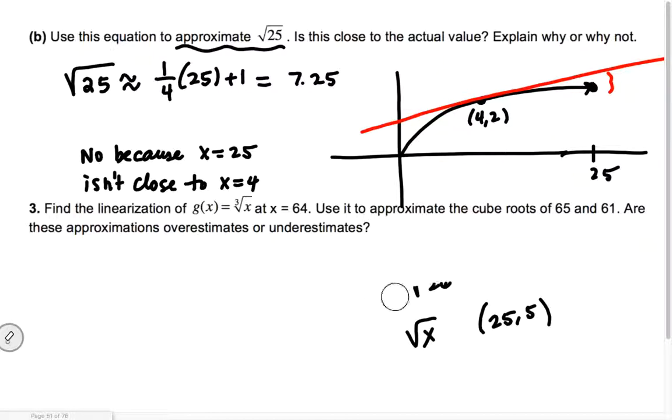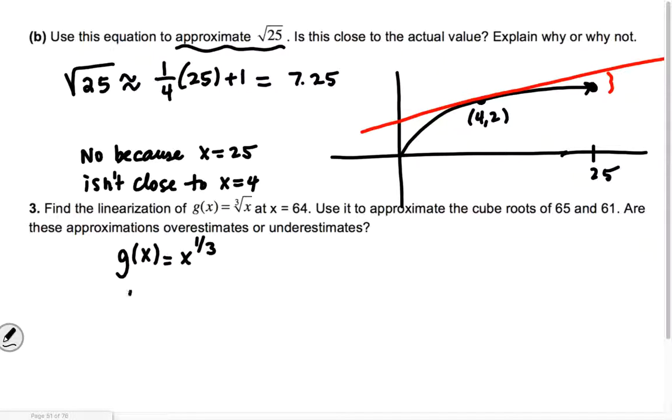Okay, so number 3. Find the linearization of g of x equals the cube root of x at x equals 64. All right, so my g of x function is x to the 1/3. So my slope, g prime of x, is 1/3 x to the negative 2/3. So do you know how to find 64 to the negative 2/3?